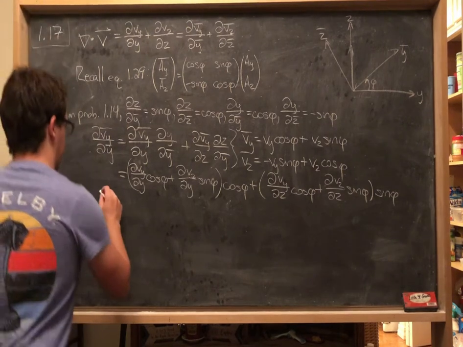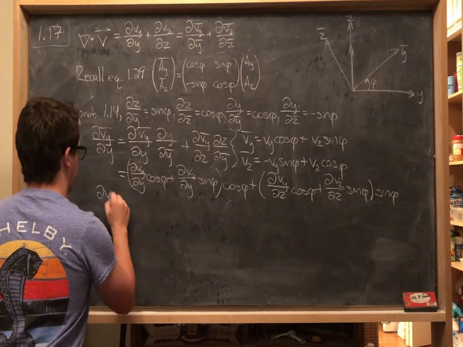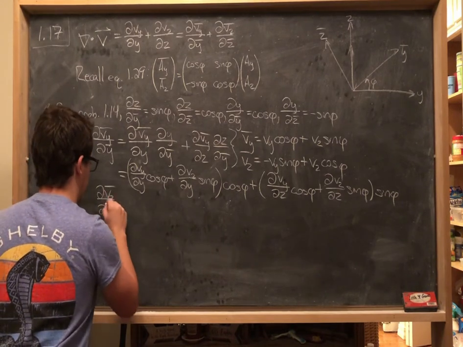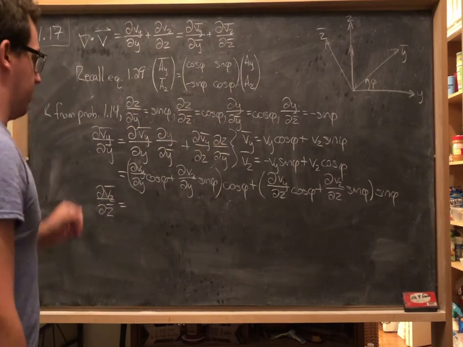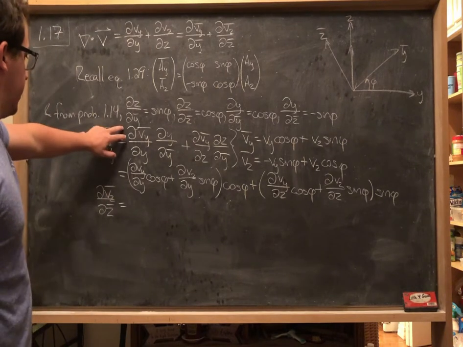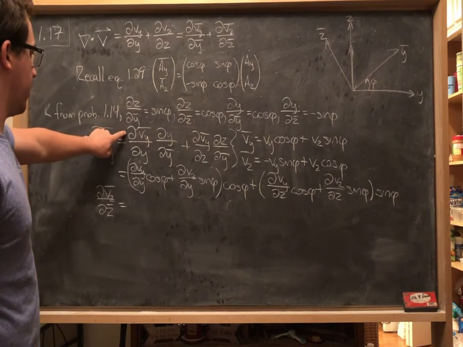Okay, so likewise d vz bar d z bar would equal d vz bar dy.